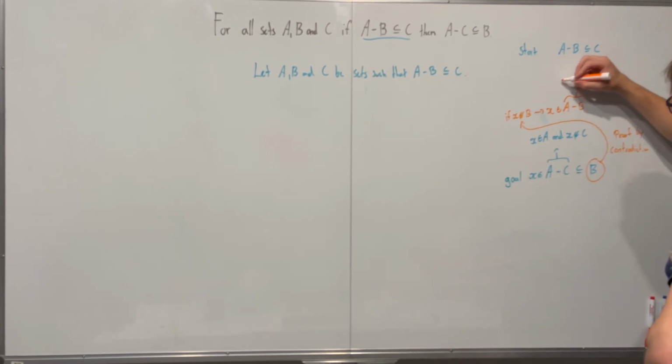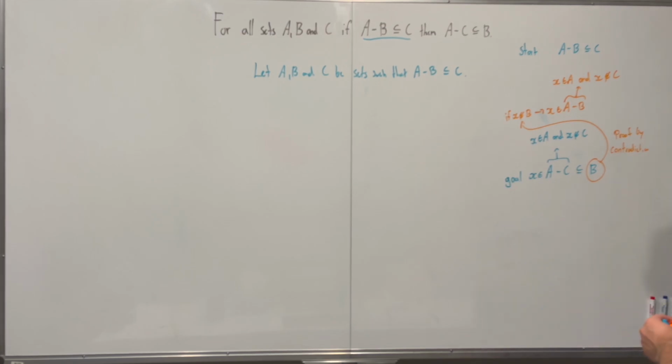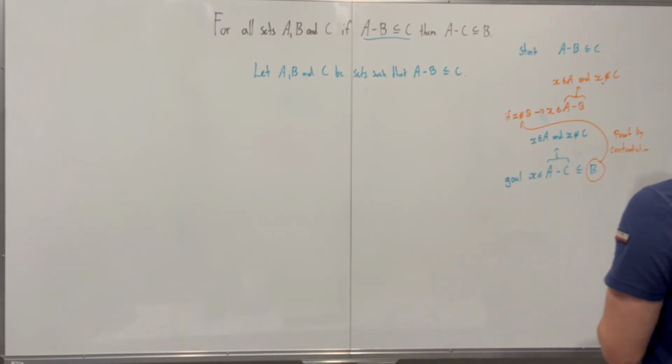Which then means x is an element of A and it's not an element of C. But notice that we've just said x. Oh, no. I'm thinking way too far ahead.